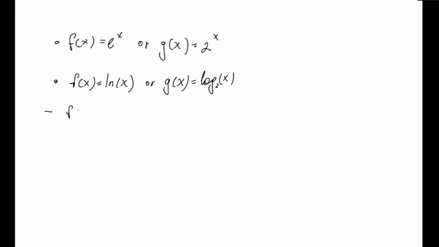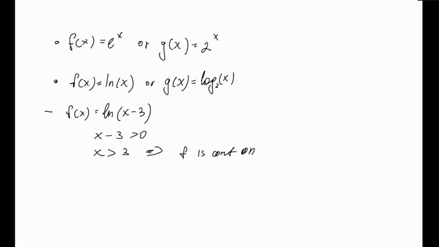Where is f of x equals ln of x minus 3 continuous? We need x minus 3 to be greater than 0. So x should be greater than 3. Therefore, f is continuous on the interval from 3 to infinity.